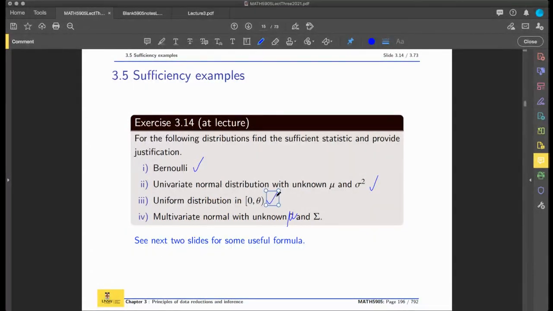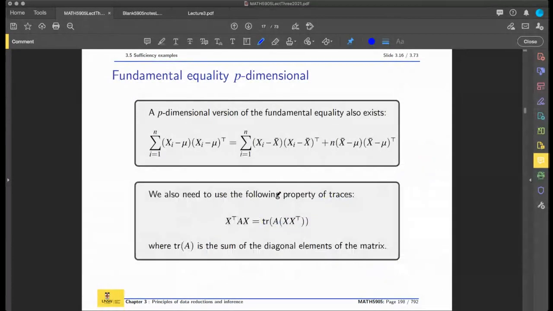And the final example is looking at a multivariate normal distribution with unknown mean mu and variance covariance matrix given by sigma. Now again, we need some useful formula here. So we can extend that one-dimensional fundamental equality into a p-dimensional fundamental equality.